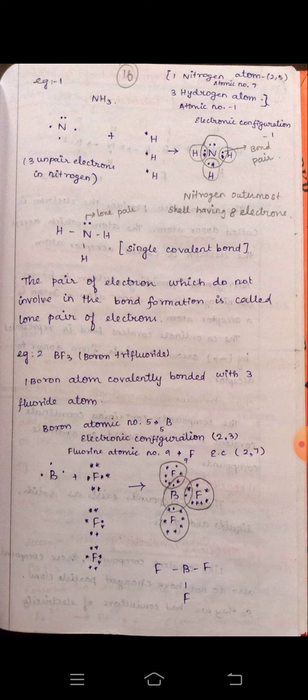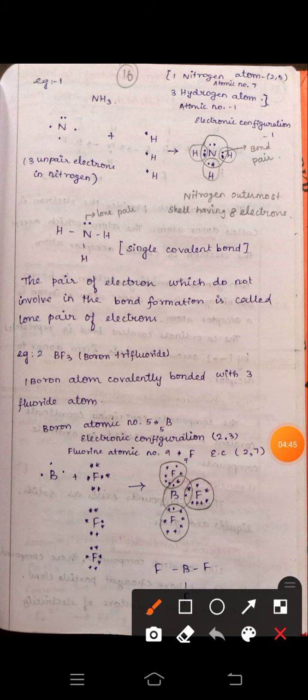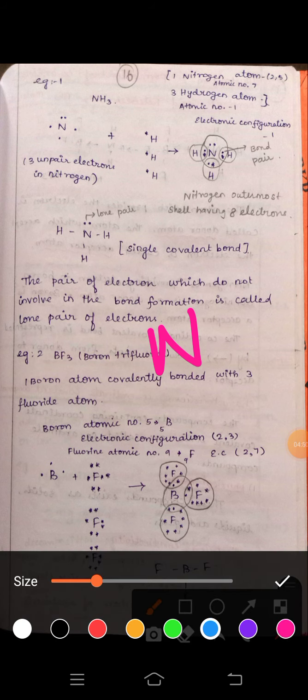Now let us see here. After donating, nitrogen has 1, 2, 3, 4, 5 electrons. While combining with hydrogen atoms, 3 electrons are there.